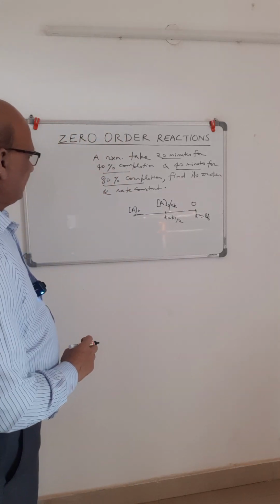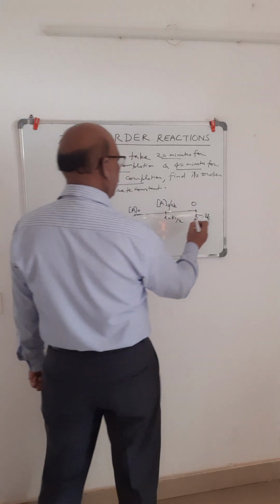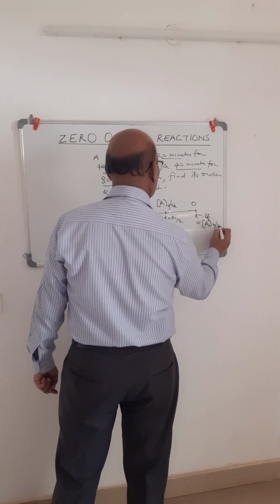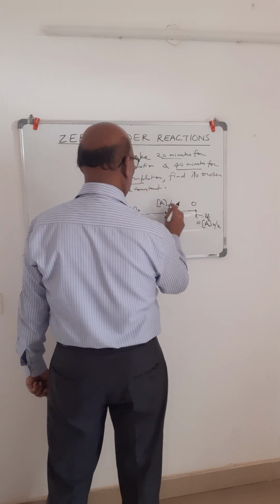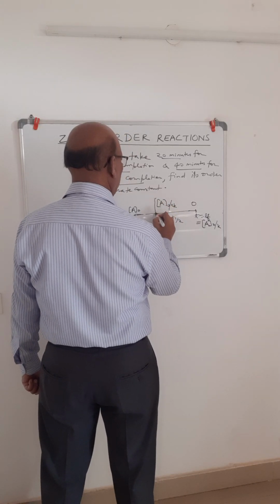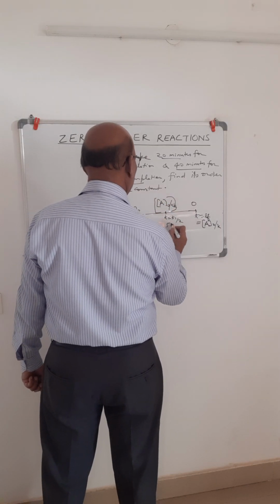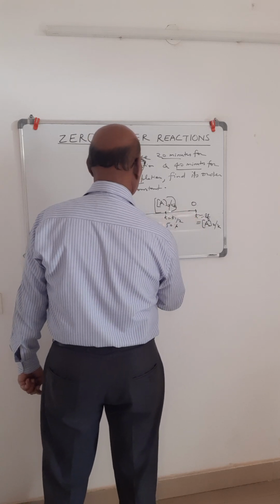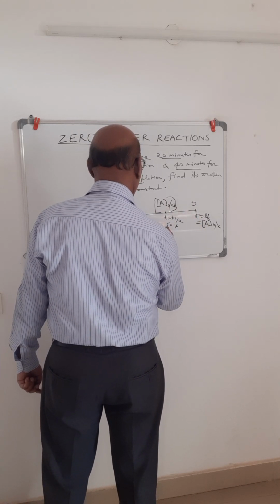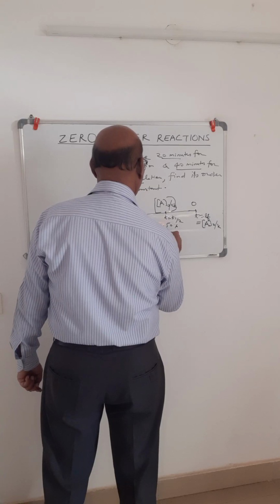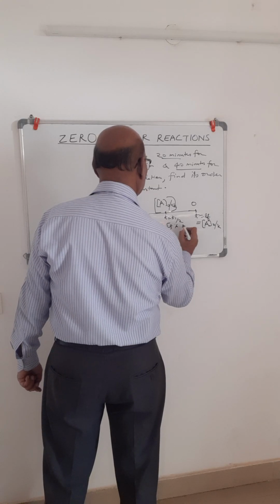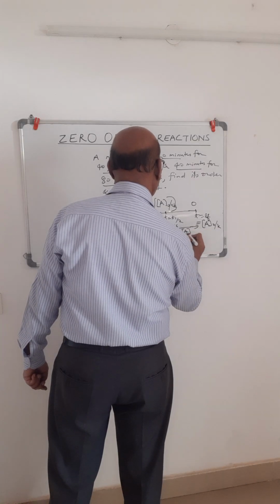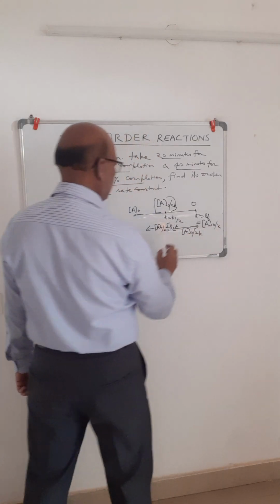Okay, so we can say that, and lifetime was nothing but A0 by K. So at T equal to A0 by 2K, the concentration is 50%, and another A0 by 2K. So this time is A0 by 2K up to half life, and this another A0 by 2K. So total becomes A0 by K.